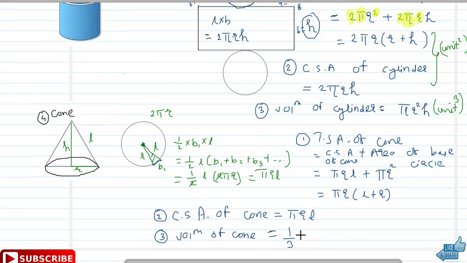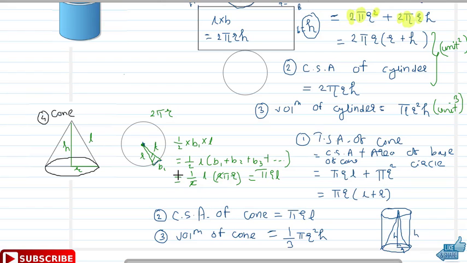If I draw the cylinder here and then draw the cone with the same height and same base radius, you can see this is the height h, this is also h, and this is r. So 1/3 part of the cylinder is occupied by the cone. So this is 1/3 of pi r square h. Understood? So this is for the cone.